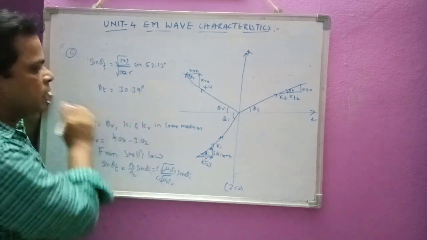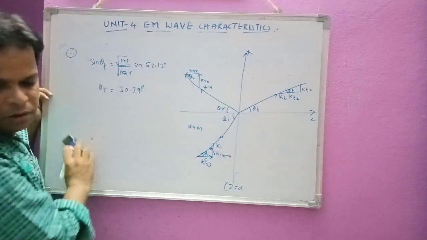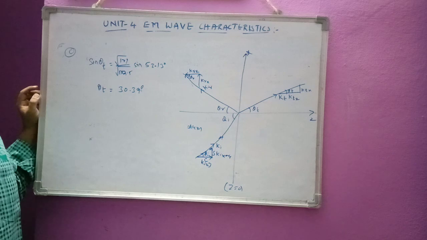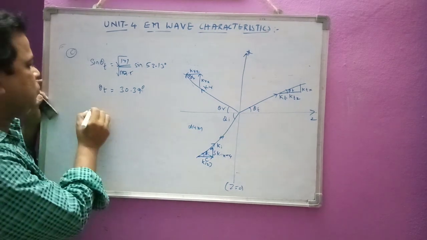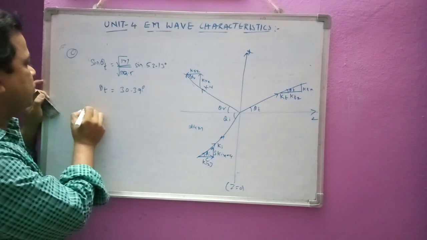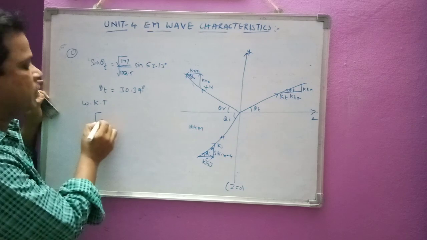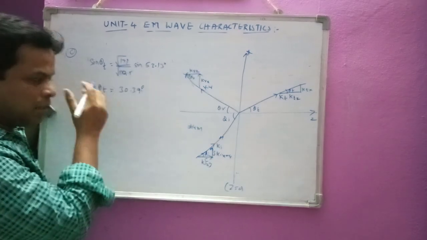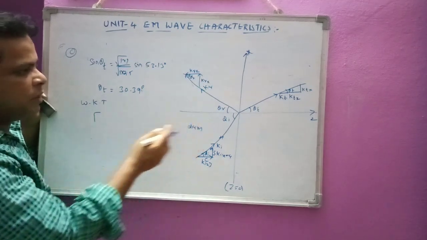Okay, now we have to find E_R0. In order to find that one we have to take the help of the reflection coefficient formula. This is perpendicular polarization, as we know that the E field is along the normal to the plane.